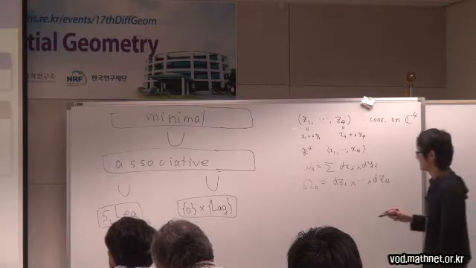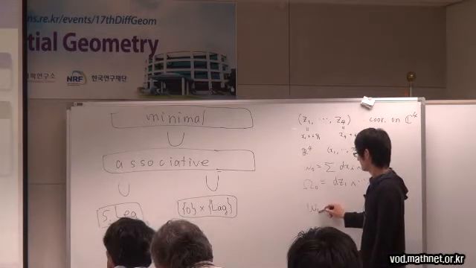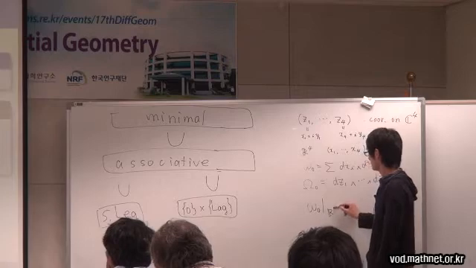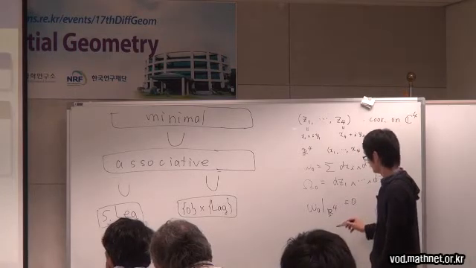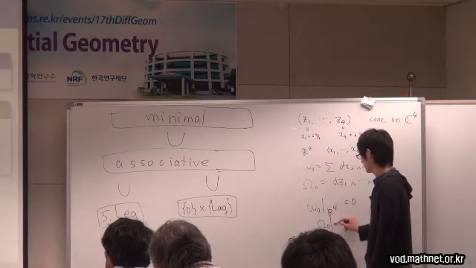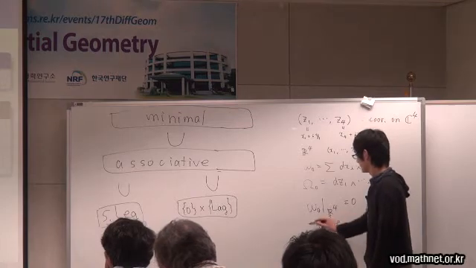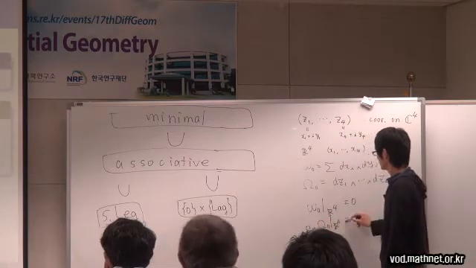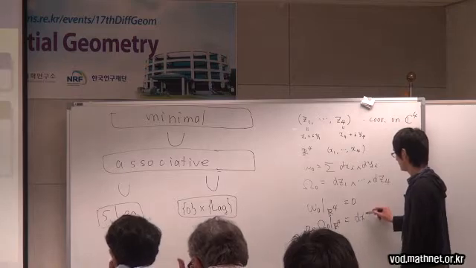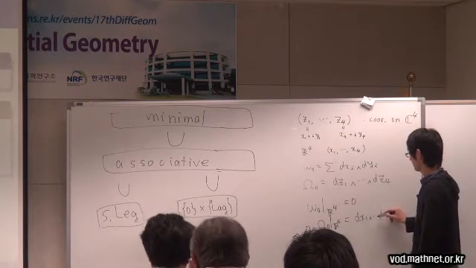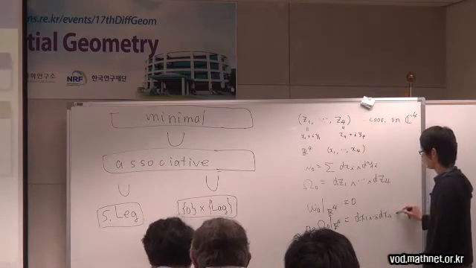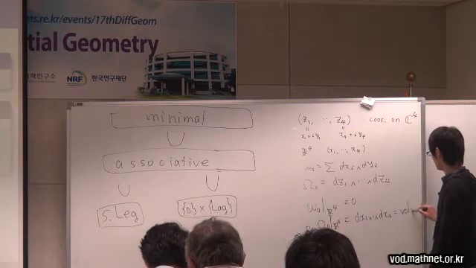Then we easily see that omega 0 restricted to R4 equals 0, and dx1 to dx4 is the volume form on R4.